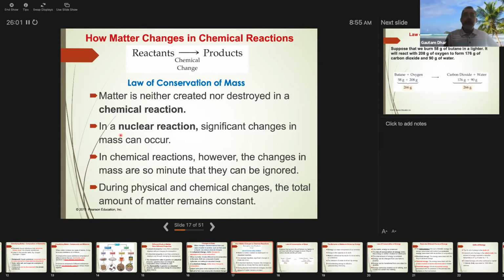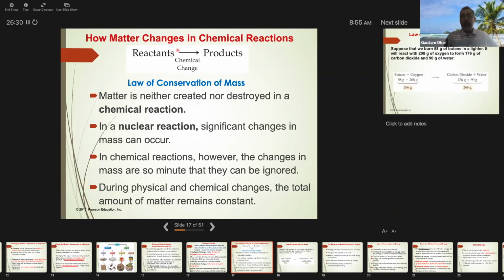You can represent that like this: reactants, with an arrow, giving product. As we move on with our chapters, we can write the name of the reactant and name of the product, and eventually we'll be able to write the formula of the reactant and formula of the product, and that will constitute what we call a chemical equation.